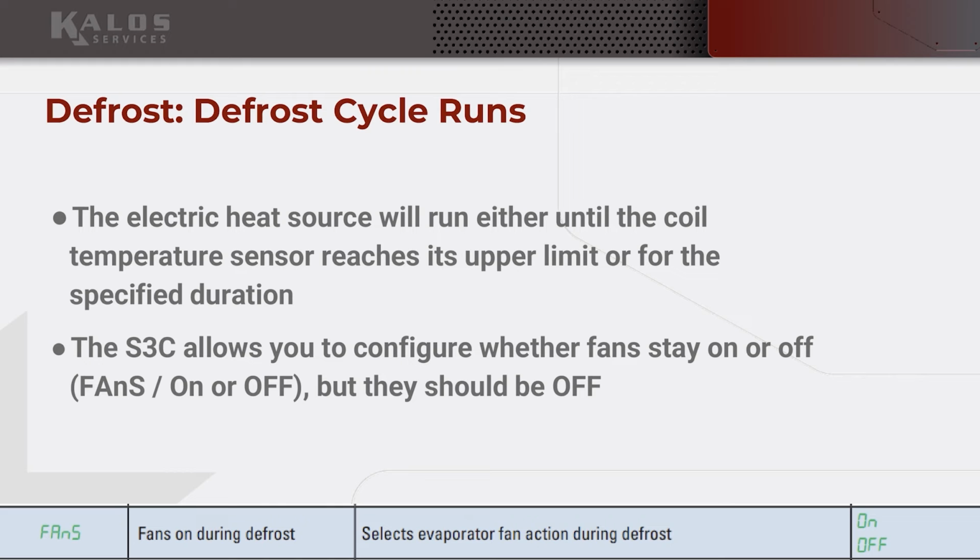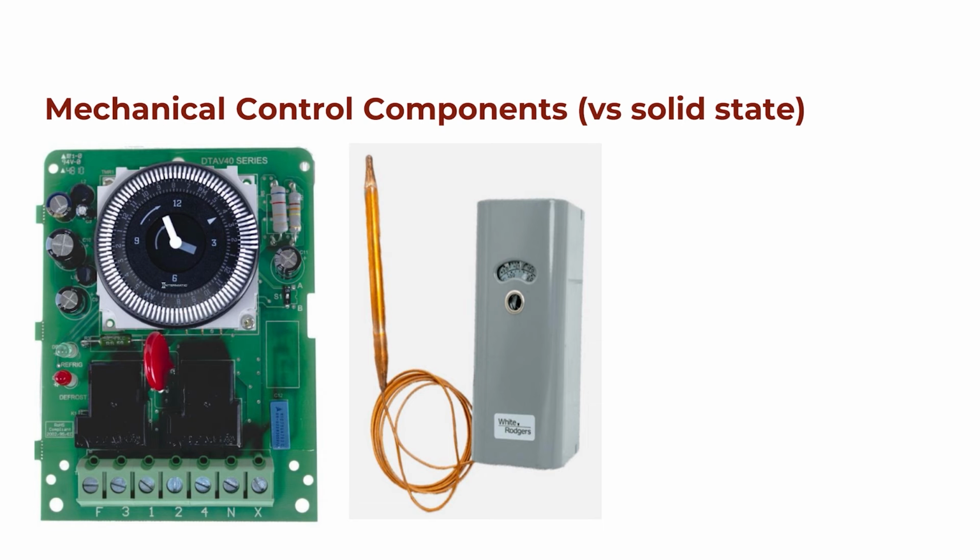In the sense of a self-contained case, or at least in what we're talking about, we might see something more like this. There's a bulb here. I don't know what's in it, but some sort of material that would expand or contract depending on the temperature, which would push on a spring inside this thermostat, which will provide a contact open or closure across a form C contact.